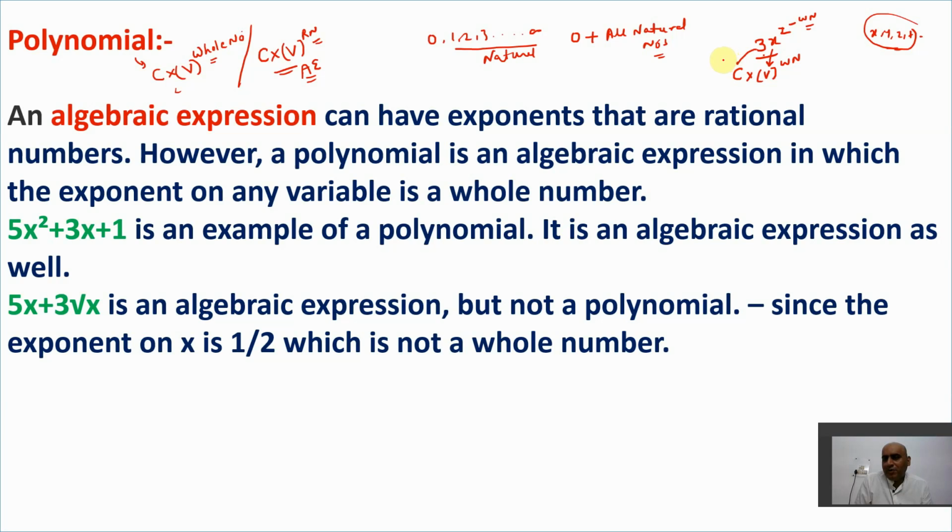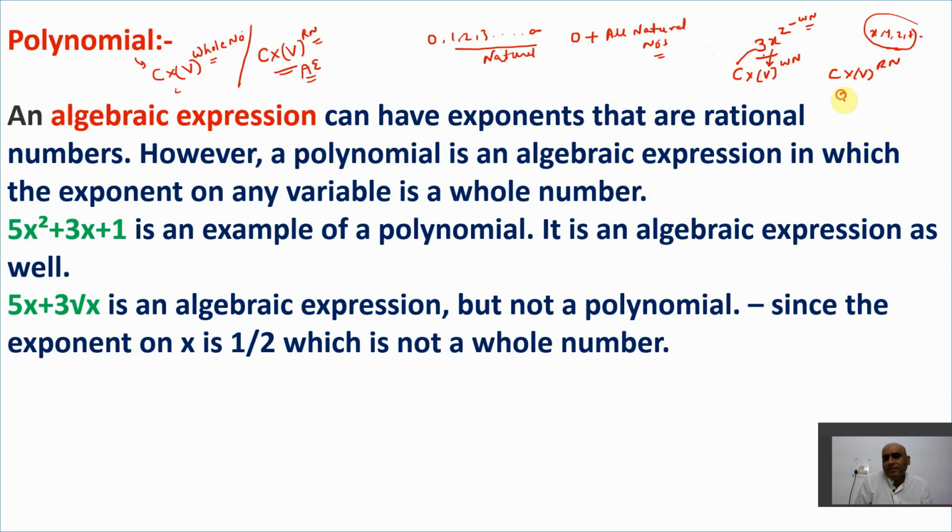It is a polynomial. Now tell me one thing. Is this 3x to the power 2 an algebraic expression also? Yes, it is an algebraic expression. Why? Because it follows the basic idea also of algebraic expression. What is the basic idea? Constant multiplied by variable to the power rational number.